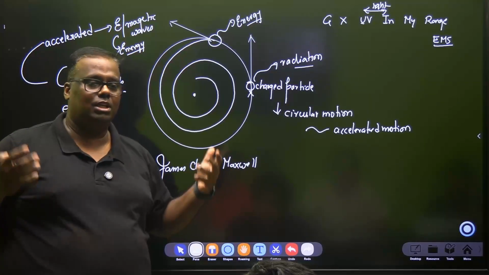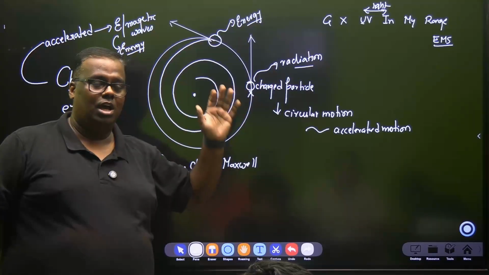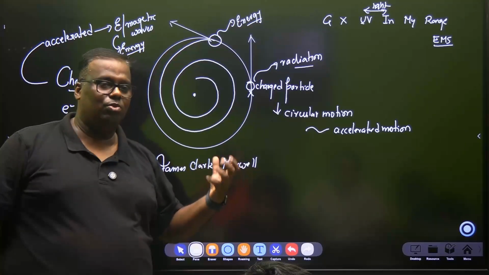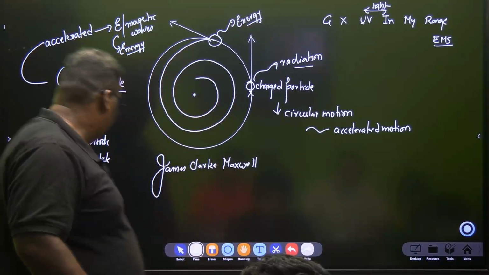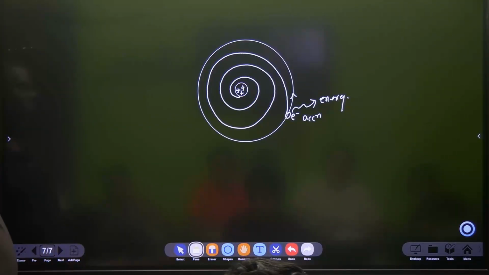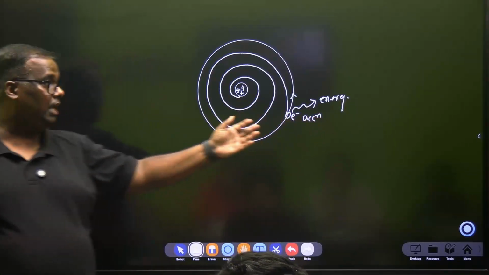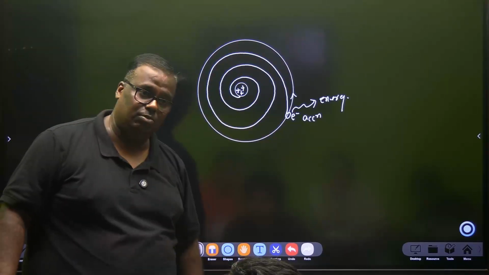The mass is reducing. So the centripetal force is giving way. However, the electrostatic force of attraction remains the same. So it is now winning the battle and it is pulling you back. So the first limitation, or what is said as a drawback, is that Maxwell's theory says that any charged particle undergoing circular motion undergoes accelerated motion.